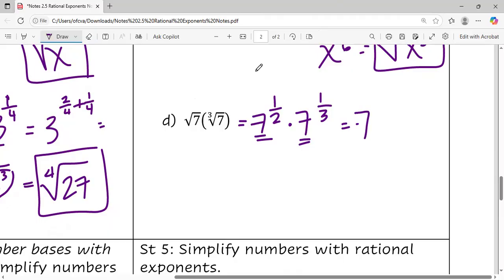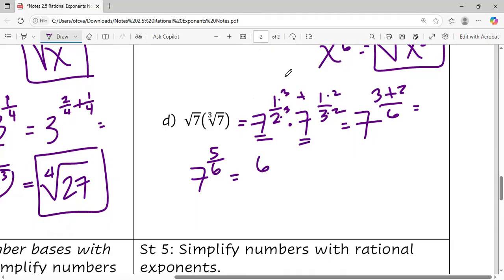So I'm going to keep the 7 because I'm multiplying. I'm going to add exponents, but I need this one times 3 and this one times 2 to make sure I have the same denominator of 6. So then 1 times 3 is 3 plus, right? Because you're multiplying the bases, so you're adding the exponents. 1 times 2 is 2. That gives you 7 to the 5 over 6, or 5/6 power.